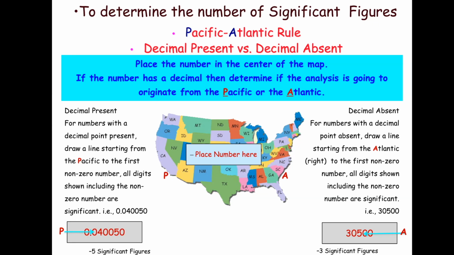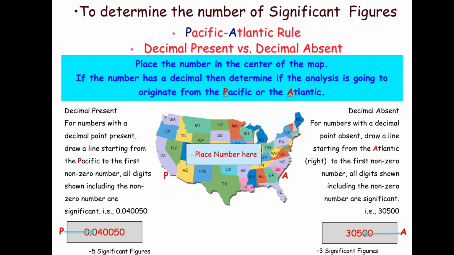Now, what if we don't have a decimal point, if there is no period? Then we again slap it on the map of the United States, and we go from the Atlantic. Atlantic means absent, Pacific means present. That's what I actually meant to say, not so much period, but present decimal or absent decimal.